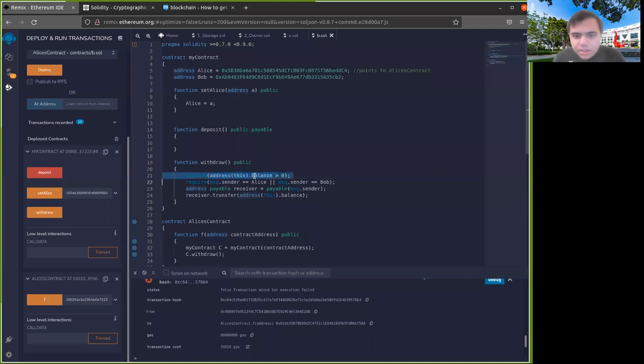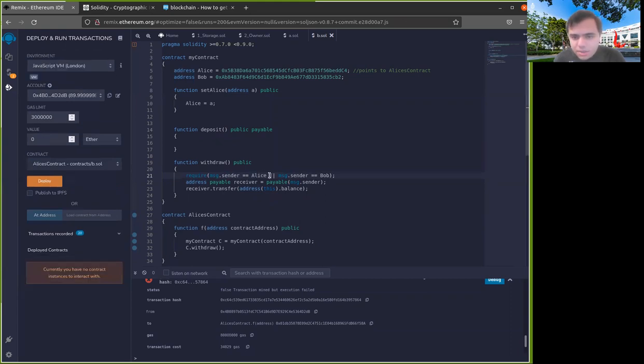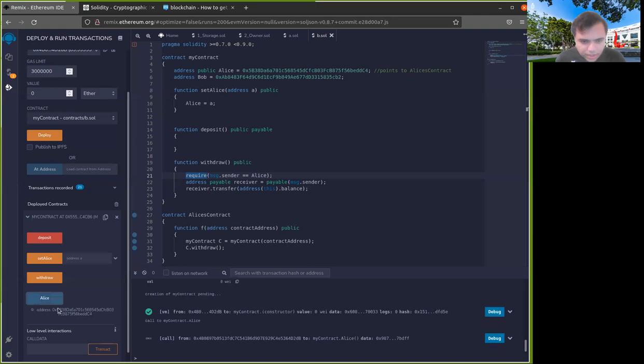Okay, so actually, let's simplify things a little bit to make sure everything works. So let's do it like this. And let's say this address is public so that everyone can see it, and let's say that only Alice can get the money. So again, I'm going to deploy the original contract first. And I can see who Alice is. So this is Alice.